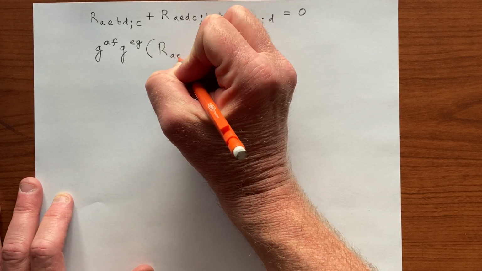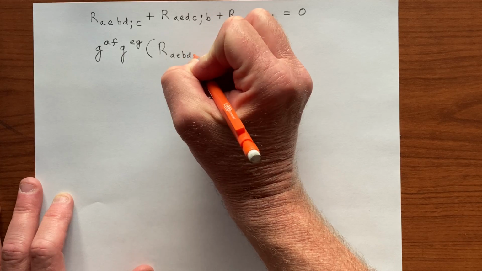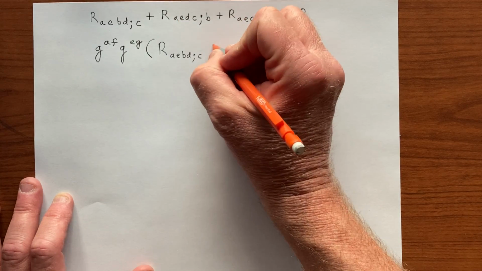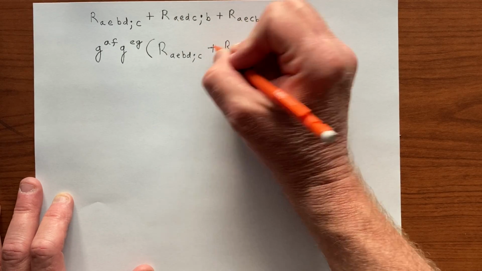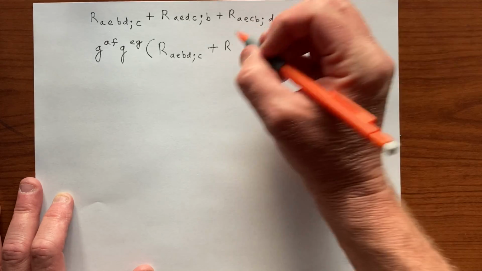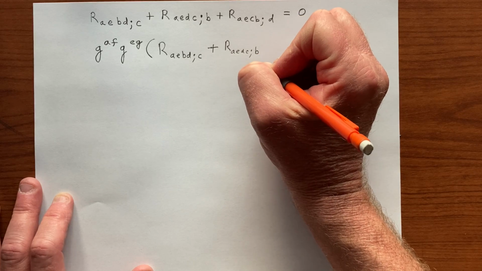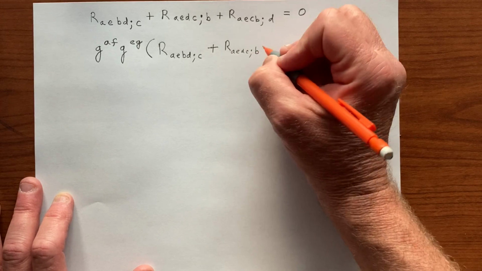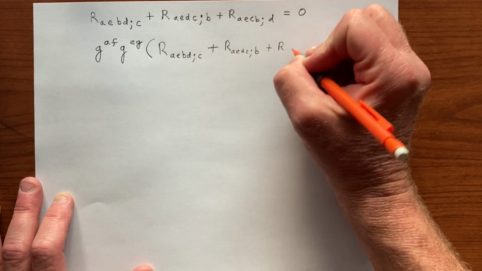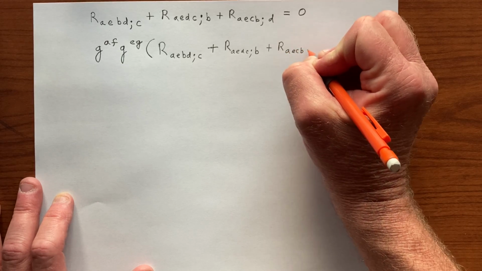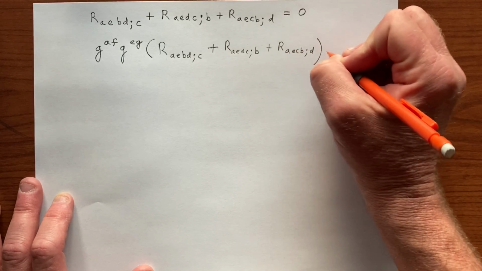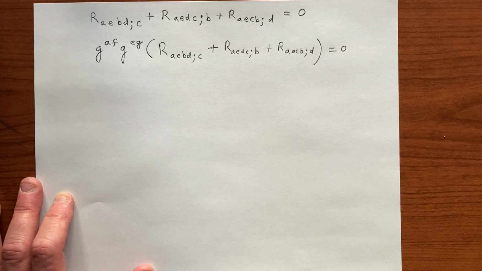Here we have R_AEBD, and we're just repeating this plus R_AEDC;B plus R_AECB;D, and this has to be, of course, 0 still.